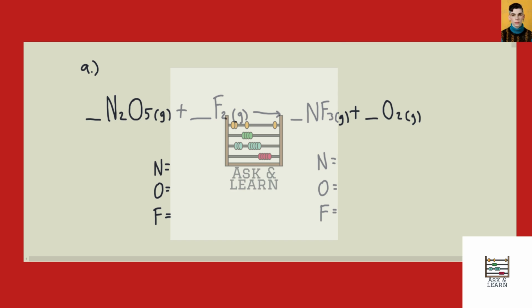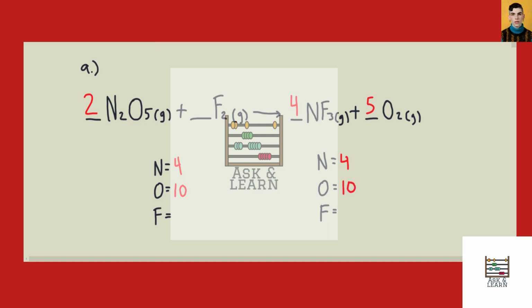So if we look, we can see that we need 2 moles of N2O5 in order to balance 4 moles of NF3 to get 4 nitrogens on each side of this reaction. After we do that, we have 10 moles of oxygen atoms on the left side from N2O5, and so we need a coefficient of 5 here to balance out those 10 oxygen atoms.